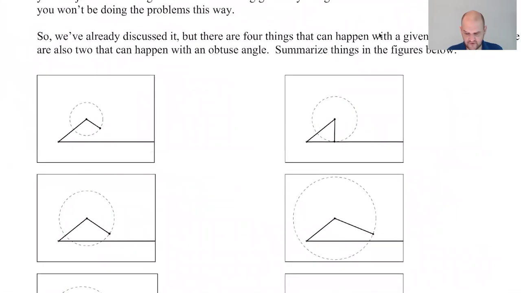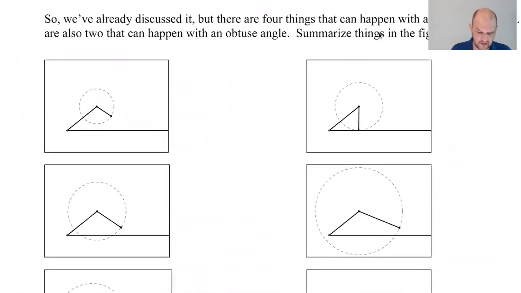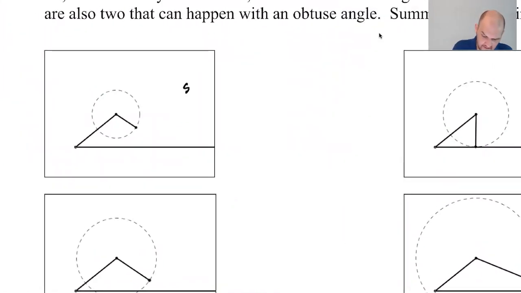So there are 4 things that can happen for an acute given angle, and then there are 2 that can happen for an obtuse. Let's just roll through them. Here, the side opposite is less than the height. Therefore, 0 triangles.